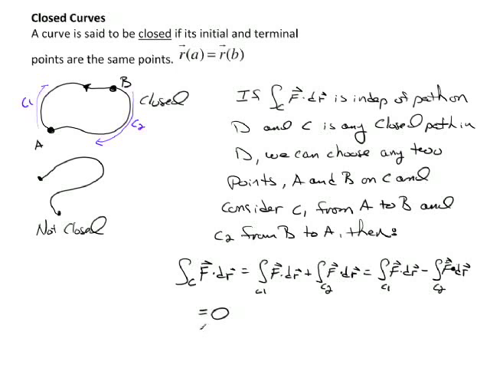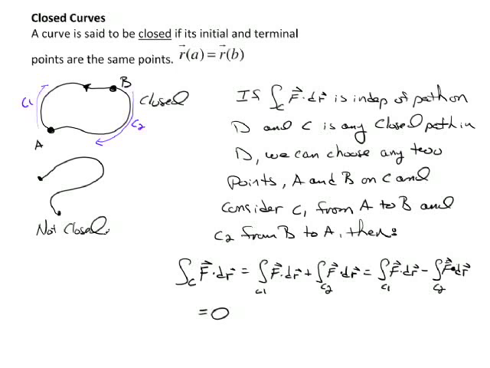I think you can see that because if I go C1 plus C2, that's all the way around here and right back. So that would be f of a minus f of a from the fundamental theorem for line integrals. If I take C1 and the negative of C2, that's just saying go the other way around.